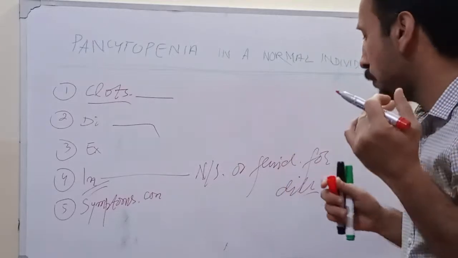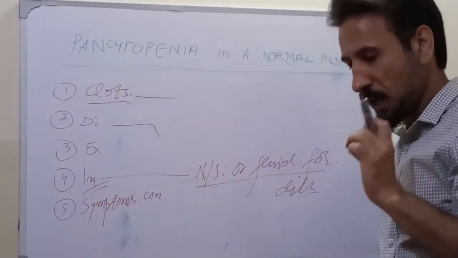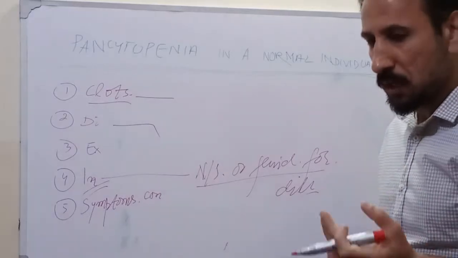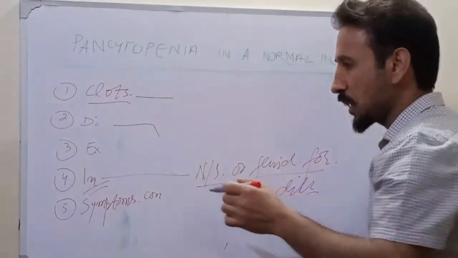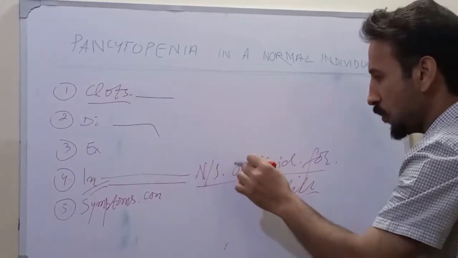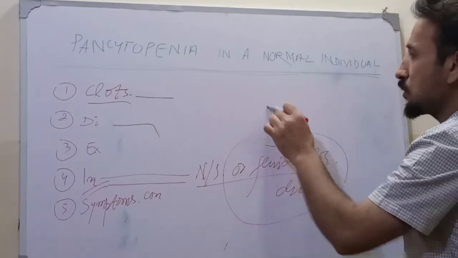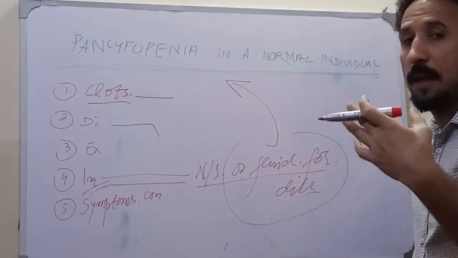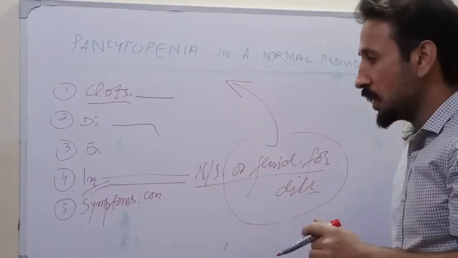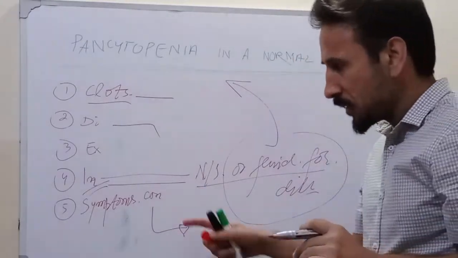There may be many reasons where the blood sample which is taken by the staff and given to the attendant or the patient to take to the laboratory for test is infused with normal saline or some other fluid for dilution, which can give rise to pancytopenia. The fifth one is not common.